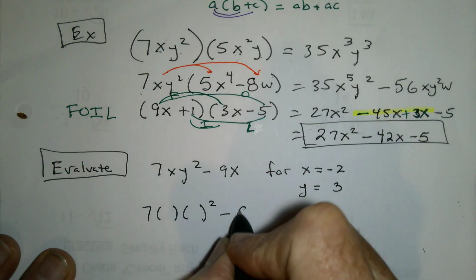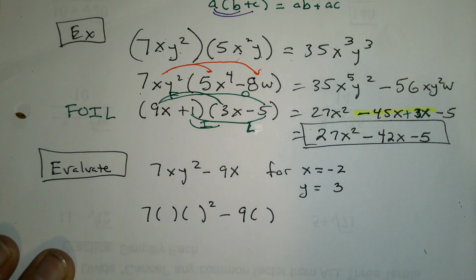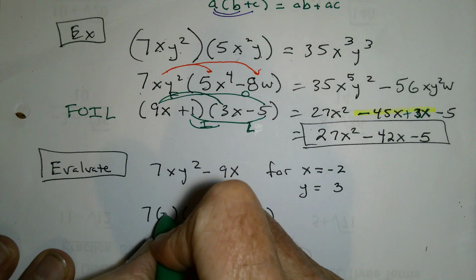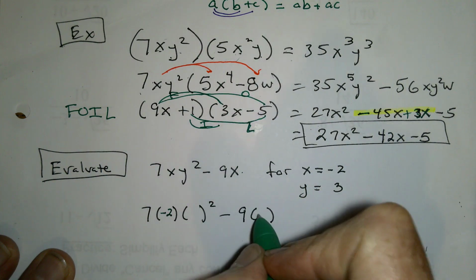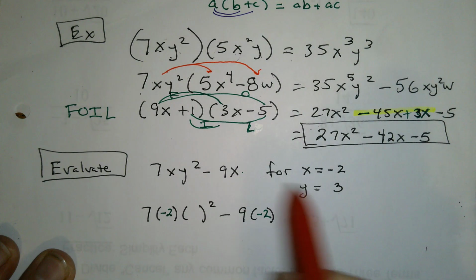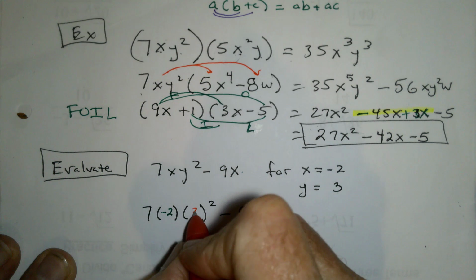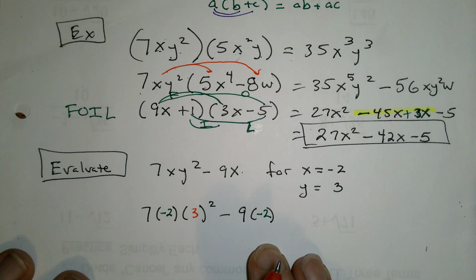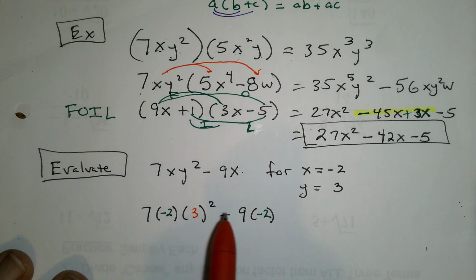I'm going to do the same thing with the second term. So the x's are negative 2, so I got to plug in a negative 2 here and a negative 2 here. The y's, there's only one y term, it's right here. I'm going to plug in the 3, and that's what it means to evaluate the polynomial.